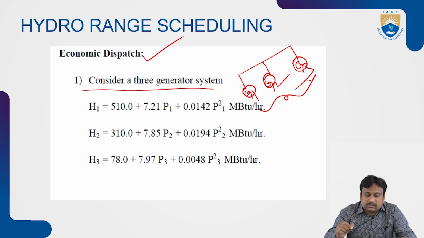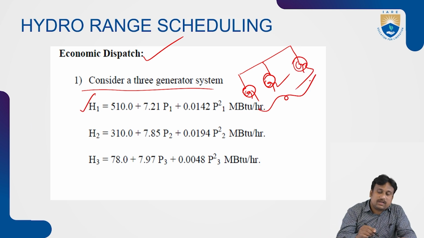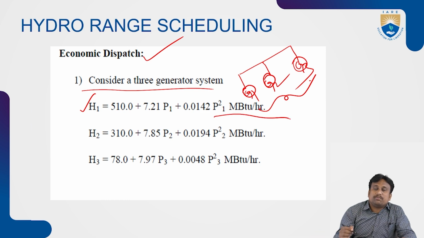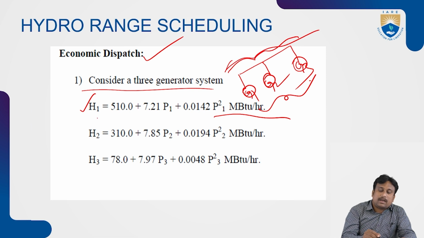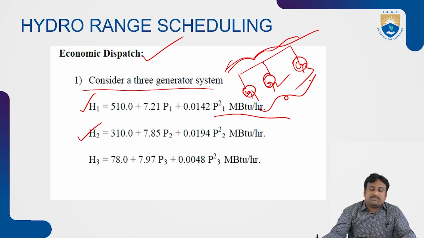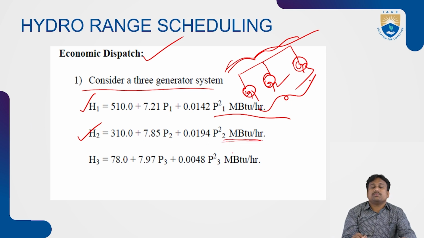Here the 3 generators are named with H1, that is 510 plus 7.2 P1 plus 0.0142 P1 square, which is in MBTU per hour. H2 has 310 plus 7.85 P2 plus 0.0194 P2 square, which is also in MBTU per hour.